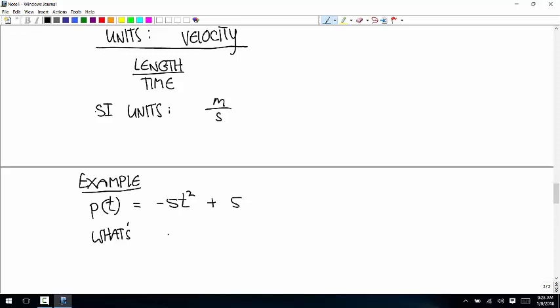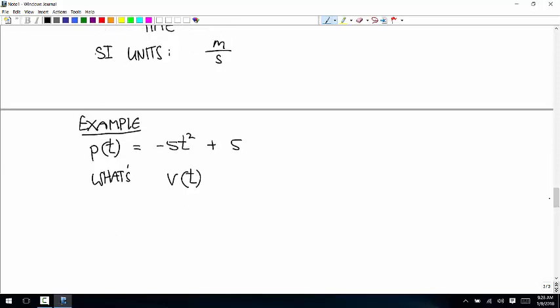And we want to know what's the velocity as a function of time. Well, the velocity is just equal to the time derivative of the position. And that's equal to negative 10t plus 0. So this is a function that gives you the velocity at any instant.